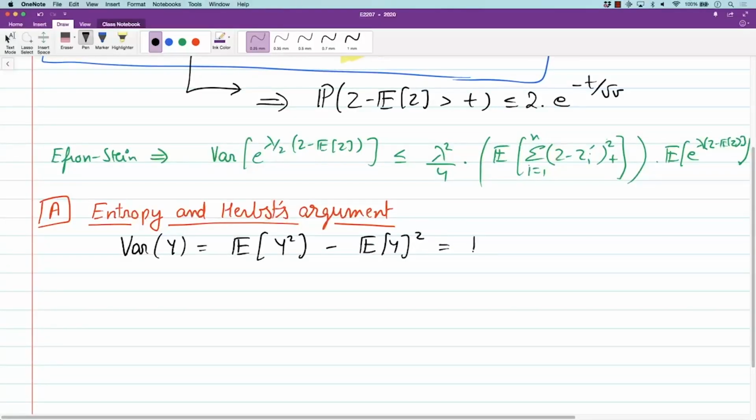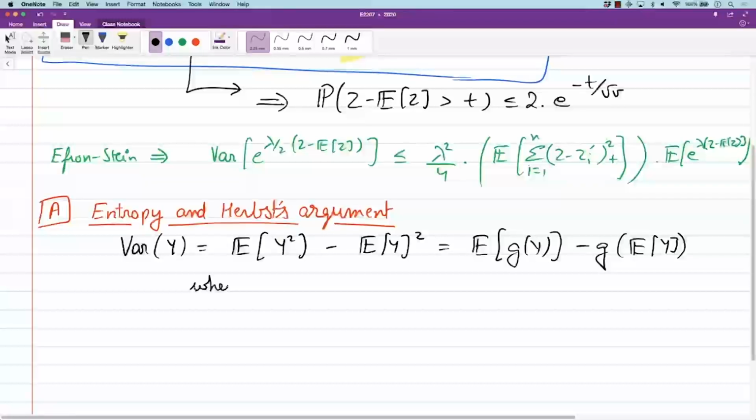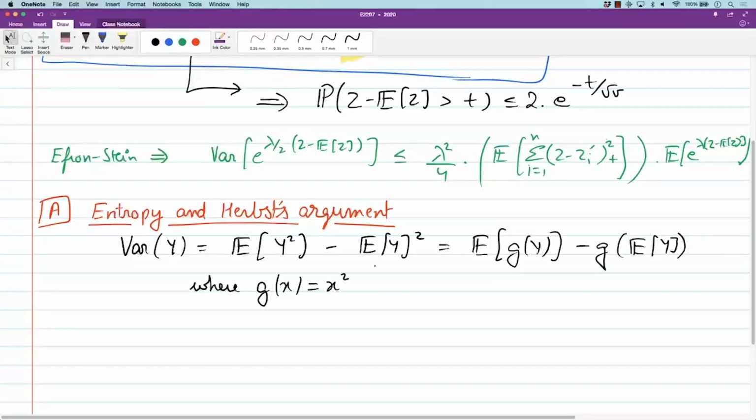So you can write it as the expected value of g of Y minus g of the expected value of Y, where g is the convex function g of x equal to x square.